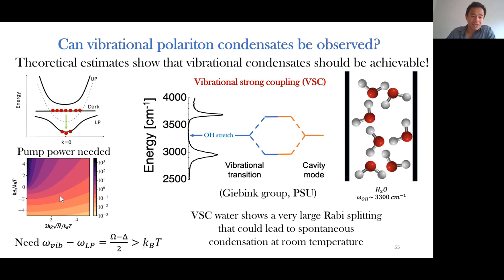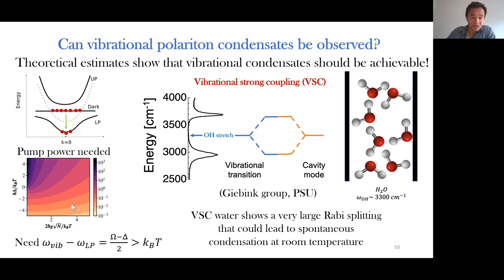So what we see is that if you make a plot of the amount of excitation that you need to dump per molecule, for example in this lower region, which is 0.1 excitations per molecule, you can see that if the detuning is negative, so the lower polariton is more photon-like, then you can achieve, in principle, polariton condensation with vibrational strong coupling, right?